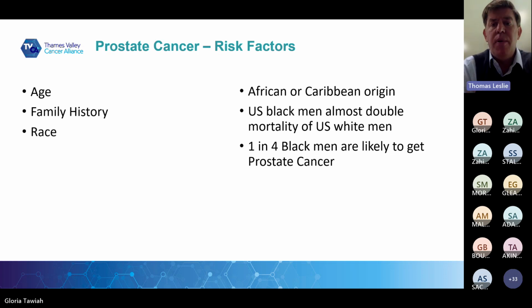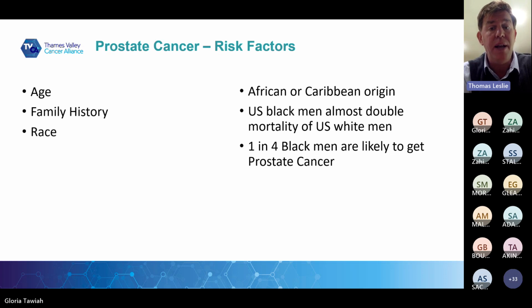Race is the other really key thing that I think we need to dwell on. And I was interested in that slide from the beginning about the proportion of prostate cancer allied to ethnicity or race at the start. Men with African or Caribbean origin, black men, have double the mortality and double the risk of having prostate cancer of white men, and white men actually have a higher risk than Asian men.